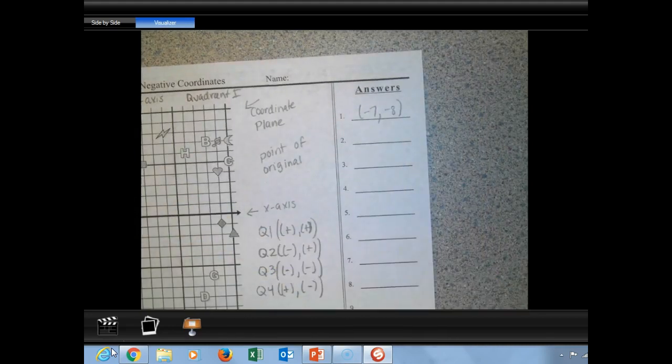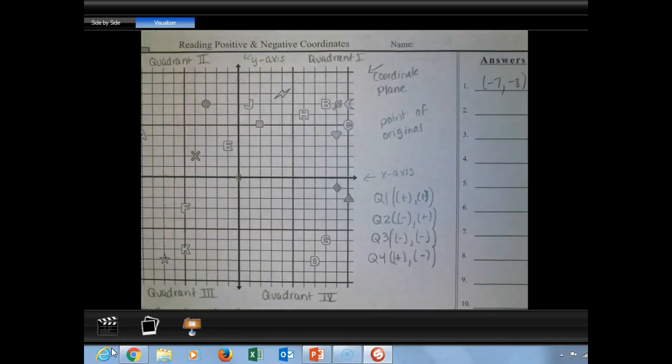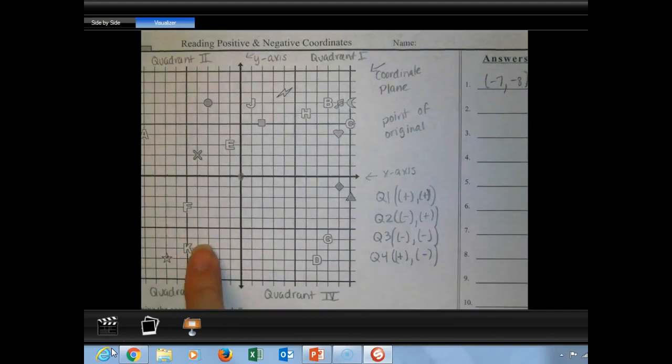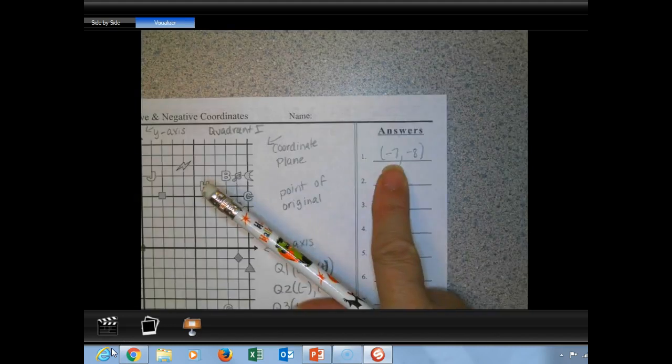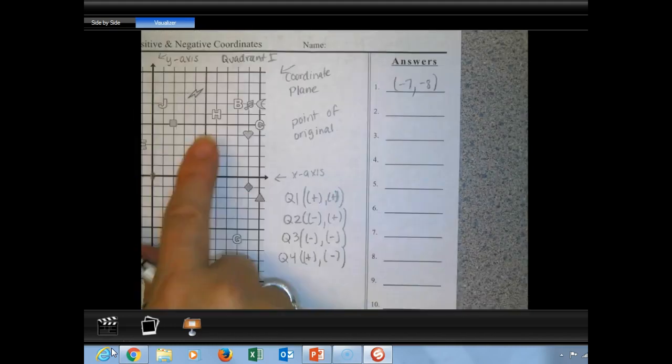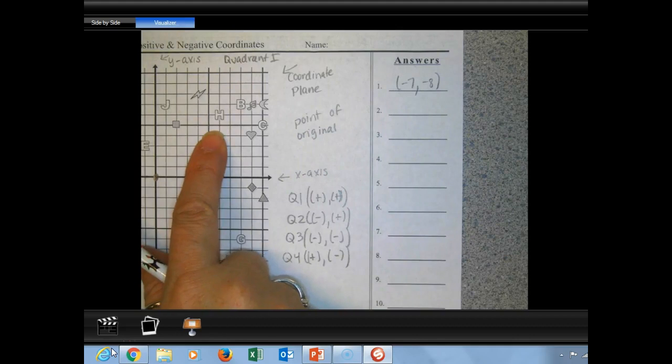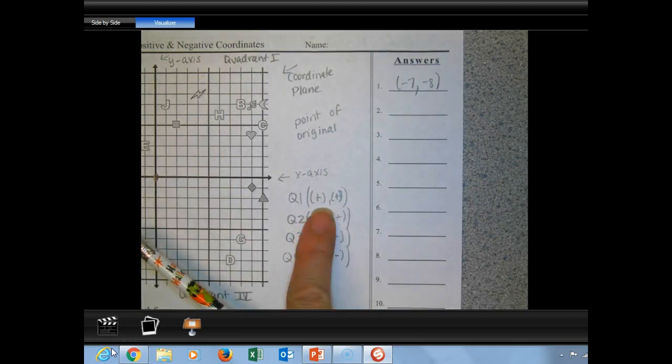Yes? Before we put negative 7, negative 8, did we put quadrant 1 or 2? No. This is really to help you remember and check your work. If it's going to be in quadrant 3 like this one, then I know both my numbers are going to be negative. And both my numbers are negative, correct? So if my answer is going to be in quadrant 1, they're both going to be positive.